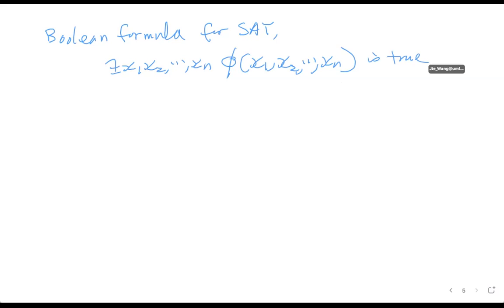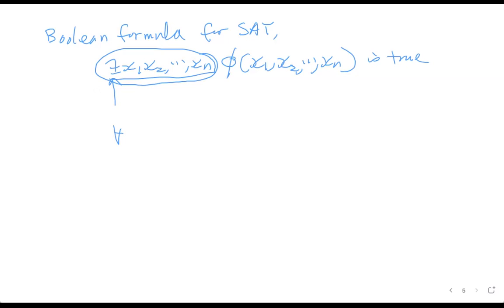That's satisfiability. So when we say there is a truth assignment, it really means there exists one. This is called an existential quantifier. And the other one is the universal quantifier, meaning for all. We only have one, so we don't have to write it. That's why we say it's implicit.